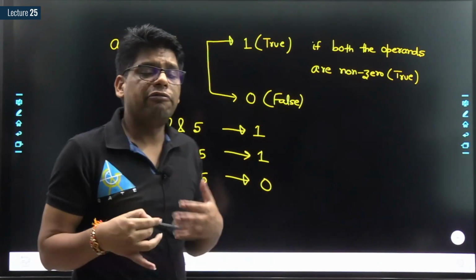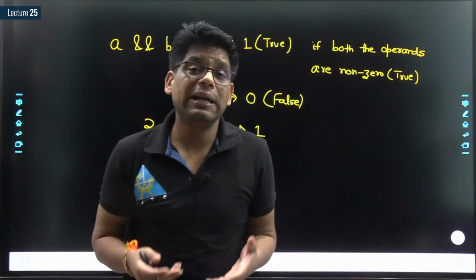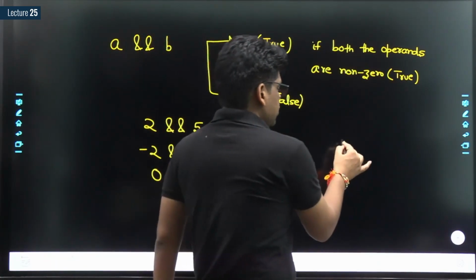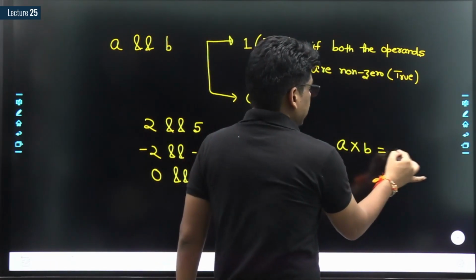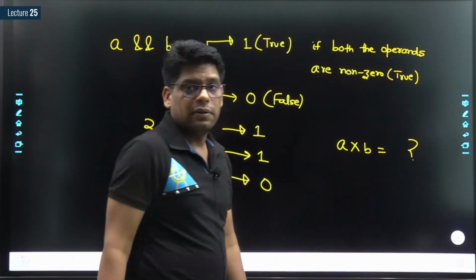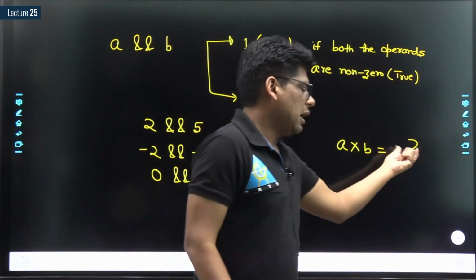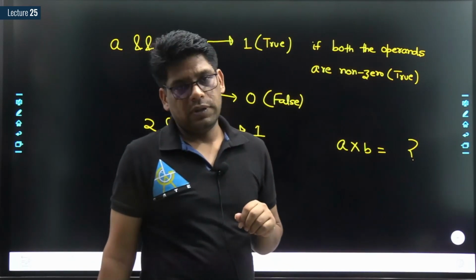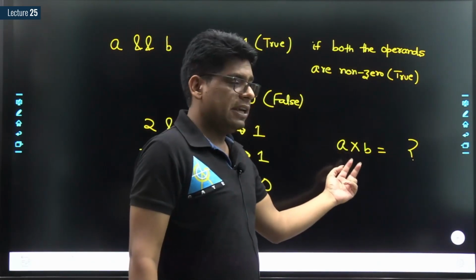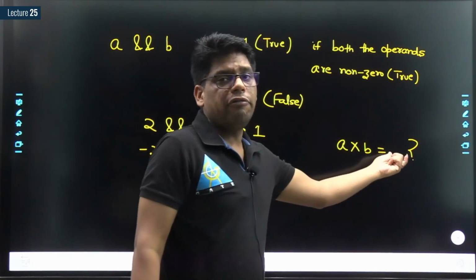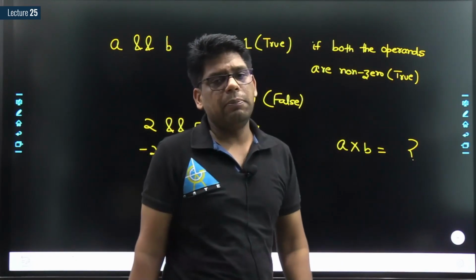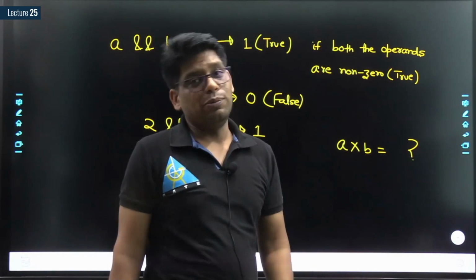You can think of logical AND as mathematical multiplication. So if I ask you A multiply B, and think about the output as non-zero or 0, when could the result of A multiply B be non-zero?